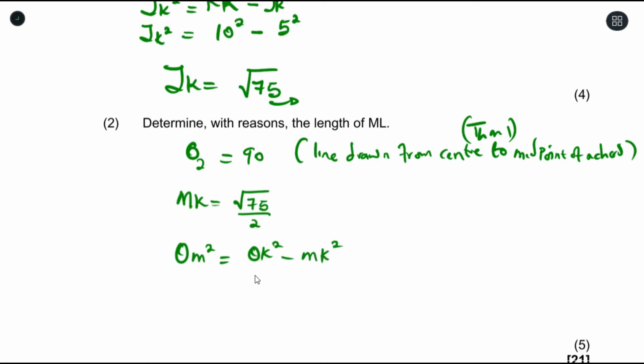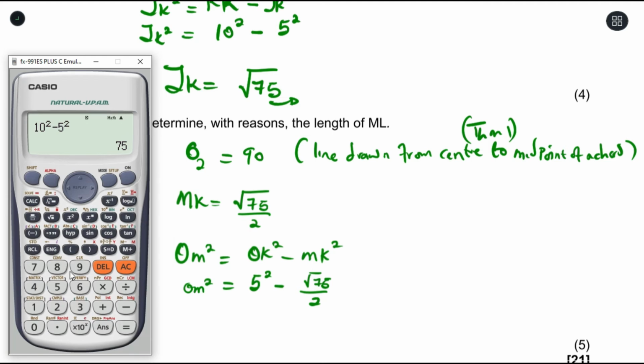Now, OK squared is 5 squared minus this one here, which is root 75 over 2, squared, is equals to OM squared. So putting this in your calculator, 5 squared.